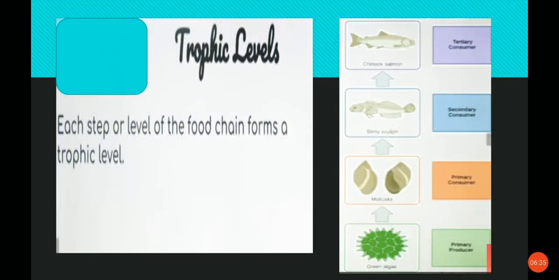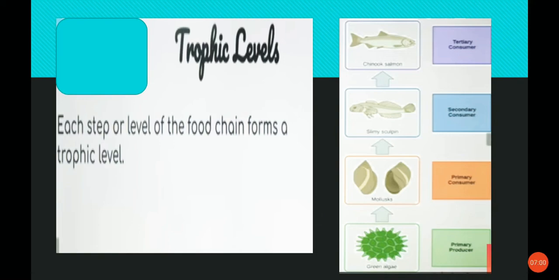See, these are all the trophic levels of the food chain.